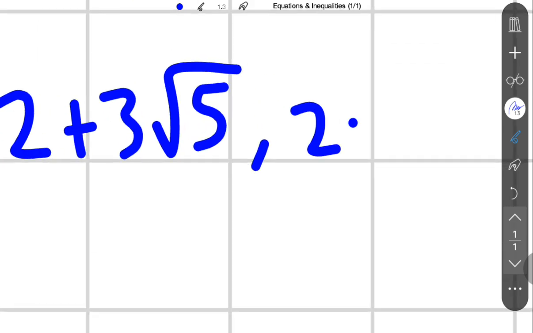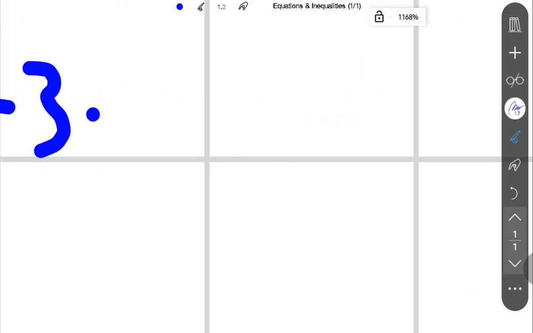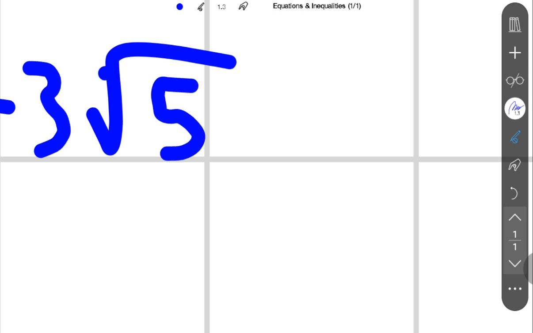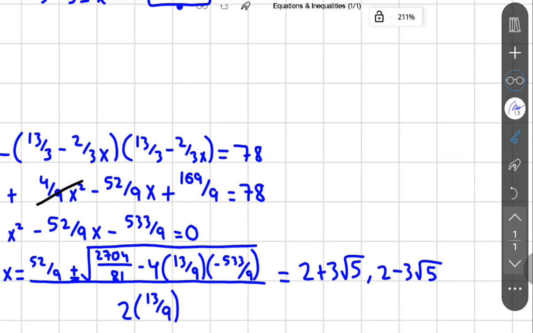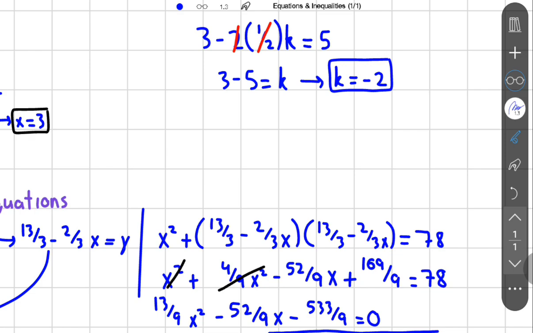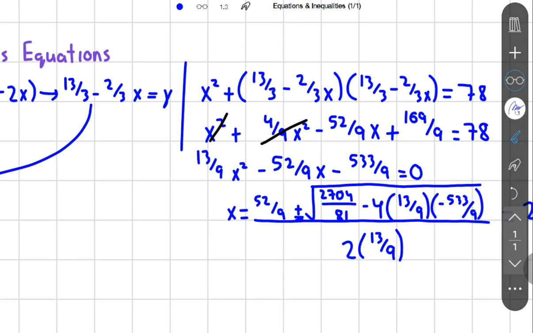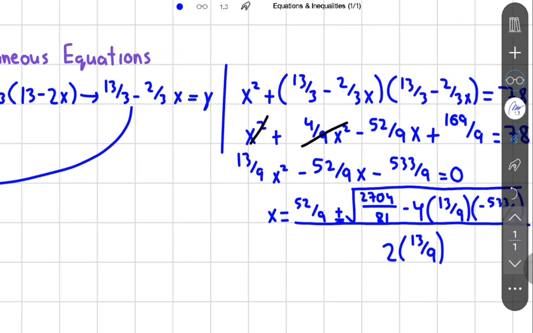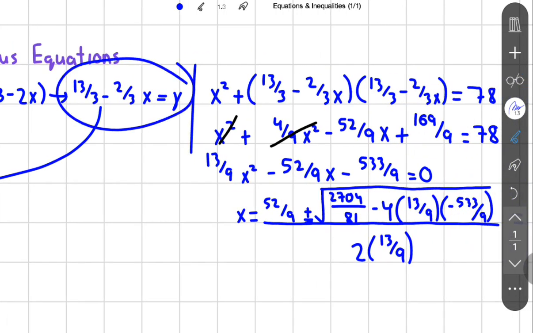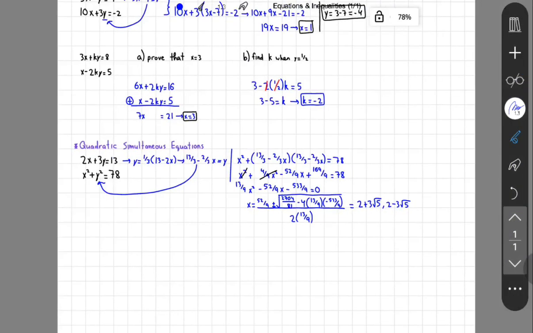So these are your answers for x. And now we could find any expression that is easy enough for us to simplify, or just replace x with. Oh yeah, we have this term.